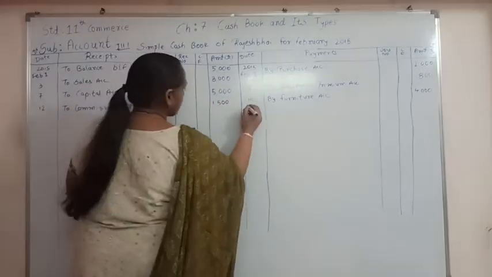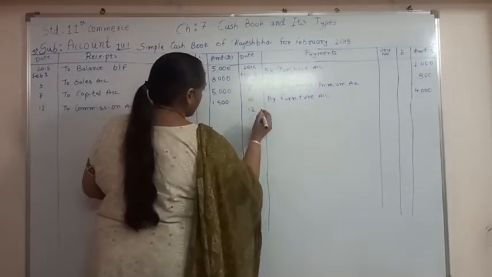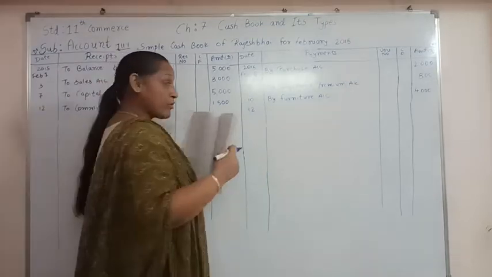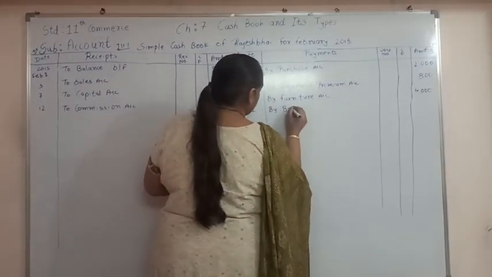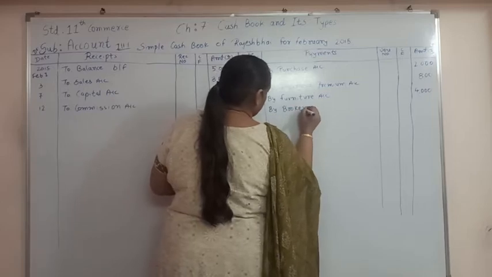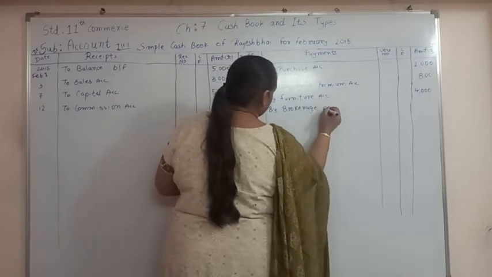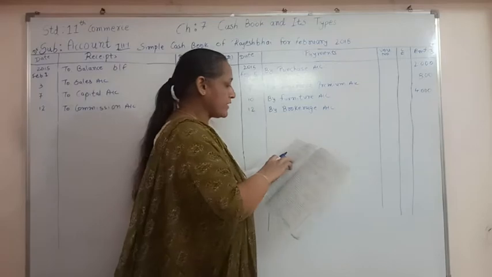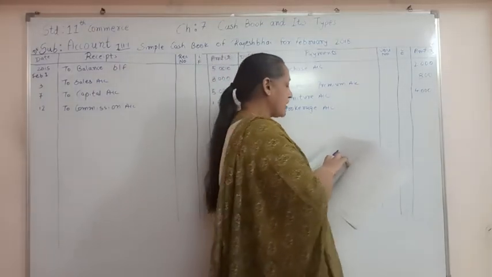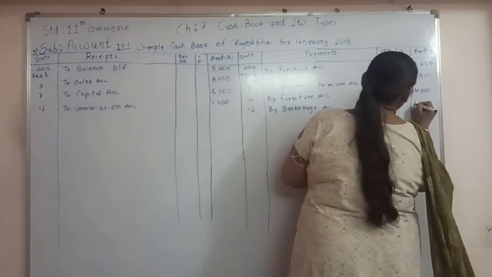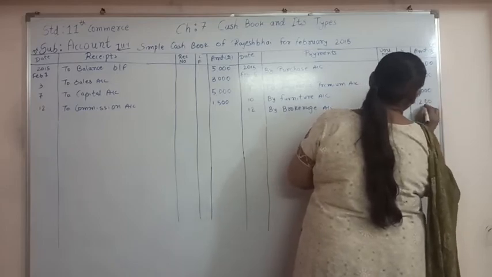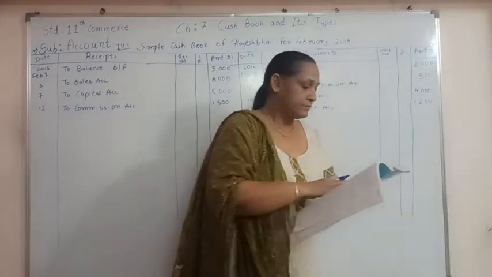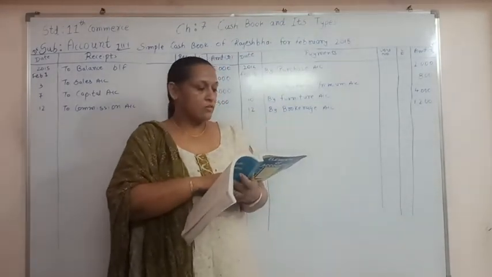And on the same day, that is on 12, we have paid brokerage. So by brokerage account, and the brokerage we have paid is 1,200. Now let's see on 14.